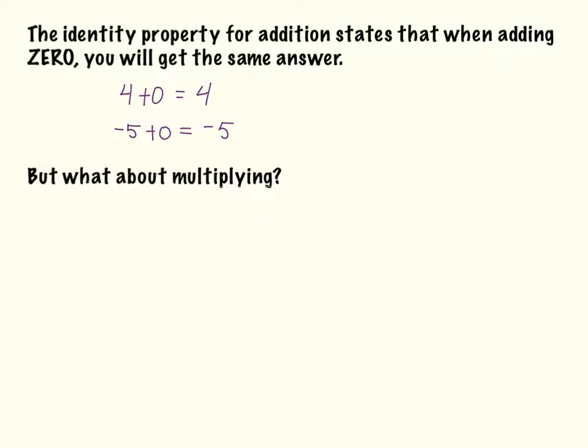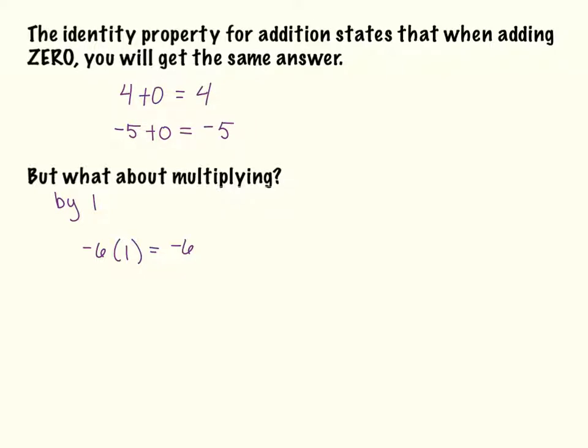The first one is, let's go ahead and see what happens if we multiply by 1. Okay, so if we have negative 6 times 1, we will get negative 6 because they're different signs, so negative 6 times a positive will end in a negative.